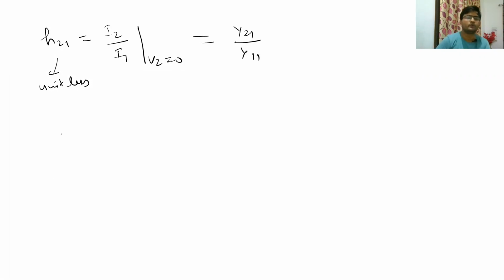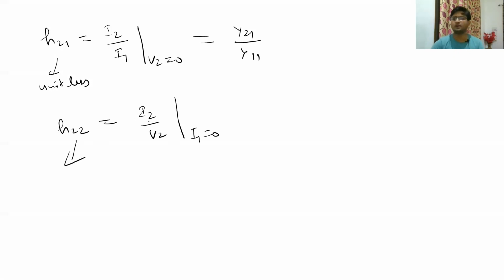This is true. So finally we have H22. The value of H22 from the equation is I2 upon V2 when I1 is equal to 0, right? So this is basically an open circuit parameter, and you see that it is a ratio of current to voltage.